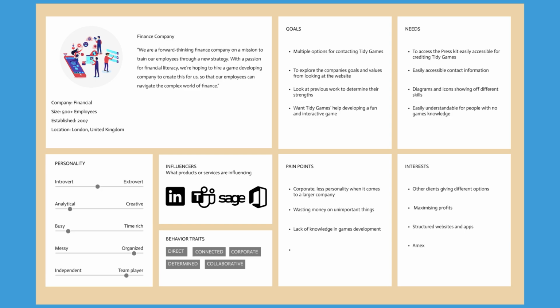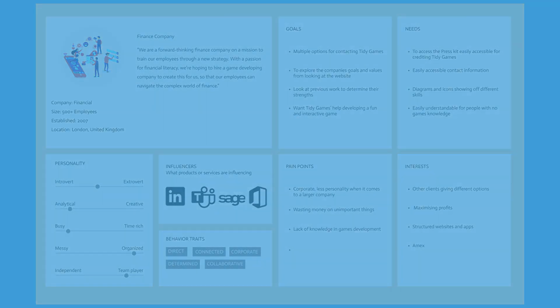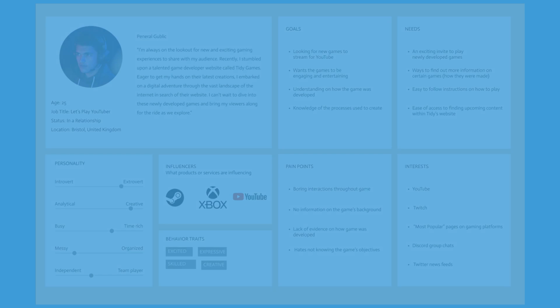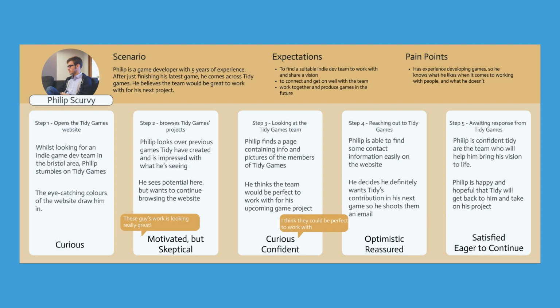The website would need to be clear in showing that Tidy is composed of developers for hire. Lastly, this persona was based on the general public, who are looking for new games to play in their free time. It's important for them to have the games advertised easily while still being accessible to play. User journey maps were created for each persona to show the interactions with Tidy's website and how it will affect them.